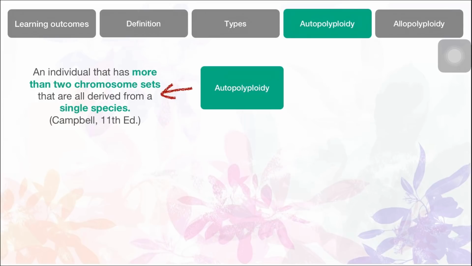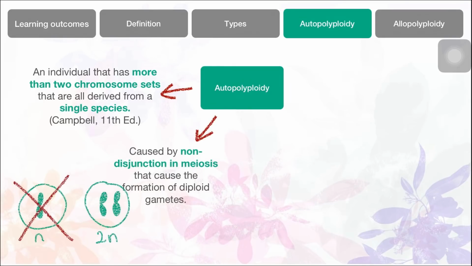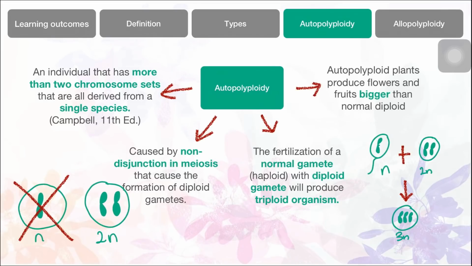An individual that has more than 2 chromosome sets that are all derived from a single species. It can be caused by non-disjunction in meiosis that causes the formation of diploid gametes. The fertilization of a normal haploid gamete with a diploid gamete will produce triploid organisms.